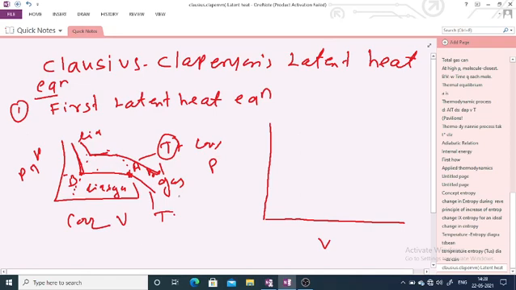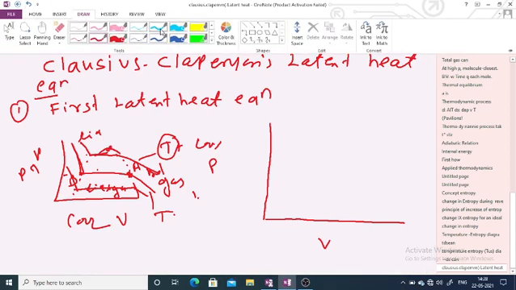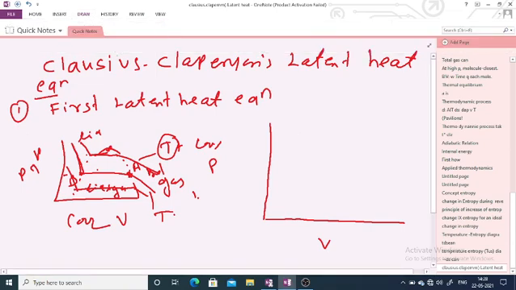As you increase the temperature of the CO2, the length of the horizontal portion decreases. There is a certain temperature above which the gas cannot be liquefied.